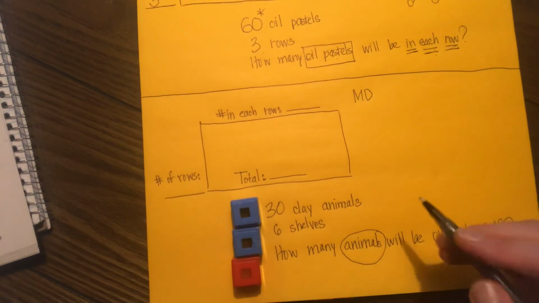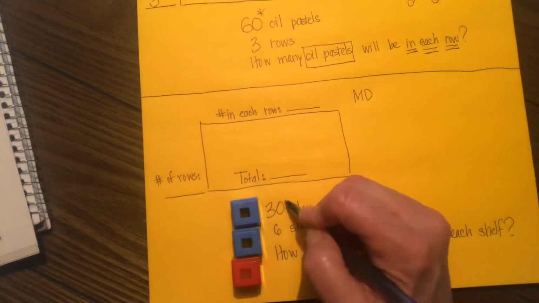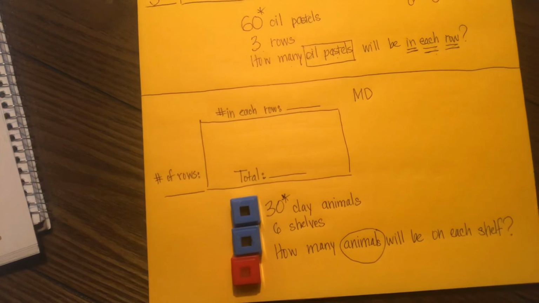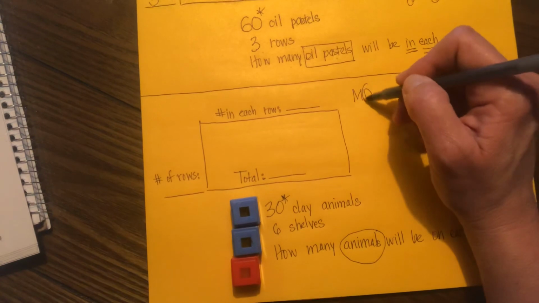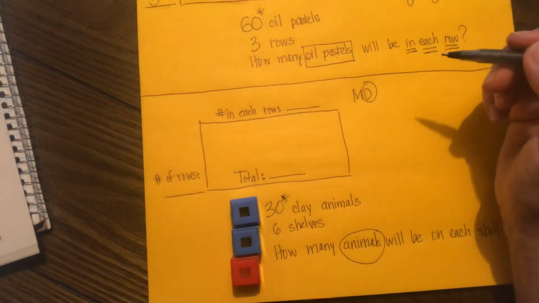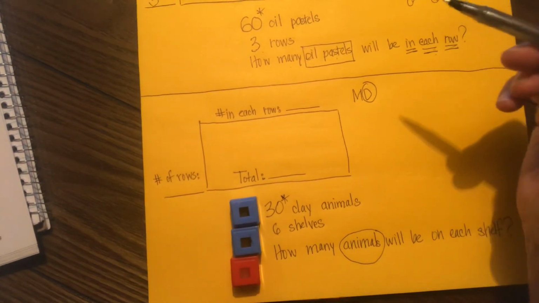So what I have to think about is if I have 30 clay animals and I'm going to divide them equally onto 6 shelves, will there be more than 30 clay animals on each shelf or less? Well, since there are only 30 in all, I'm going to go with less, but let's double check that.